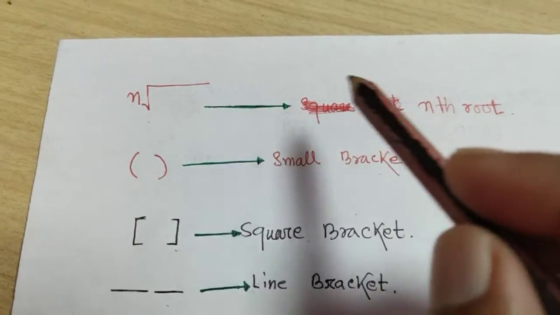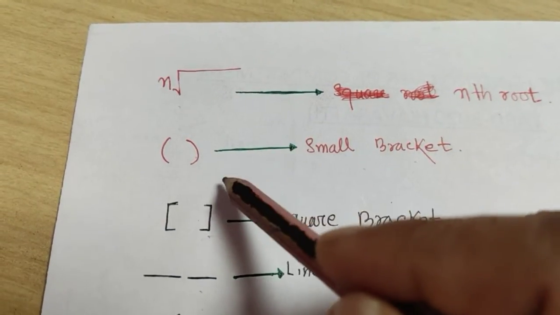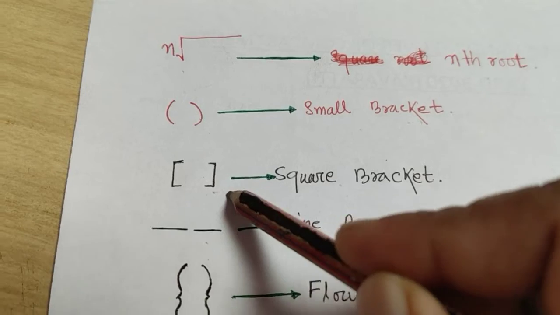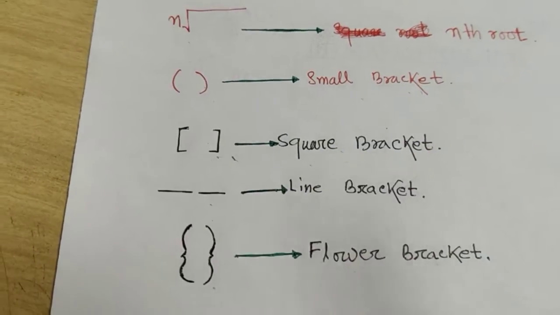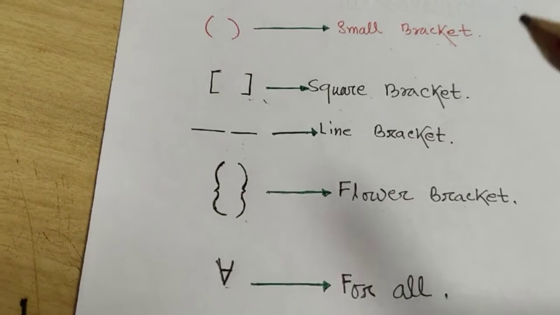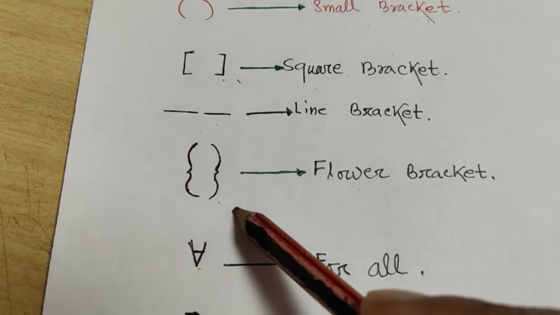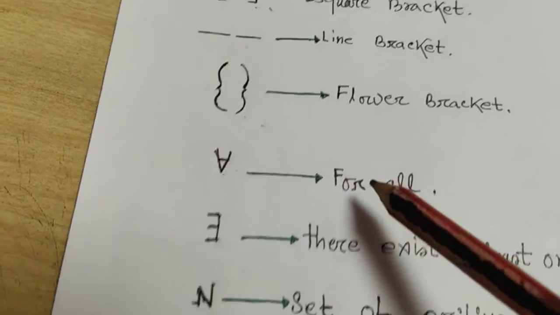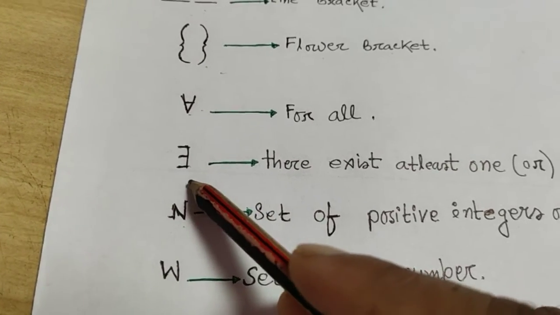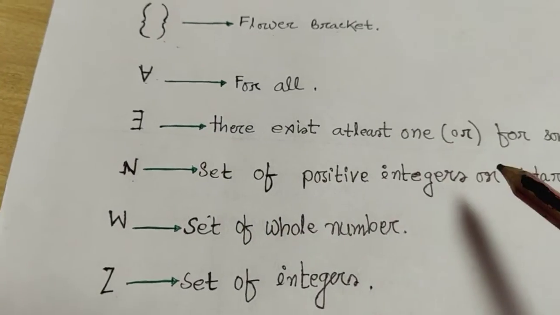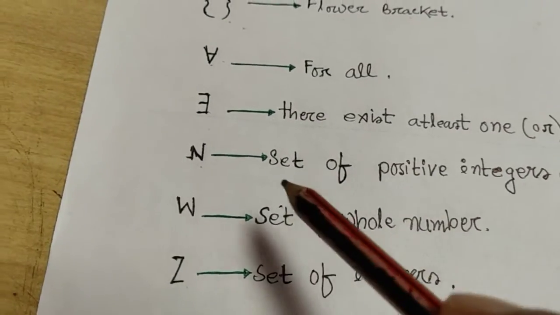This notation for nth root, this notation small bracket, this notation square bracket, this notation for line bracket, this notation flower bracket, this notation for all, this notation there exists at least one for same.